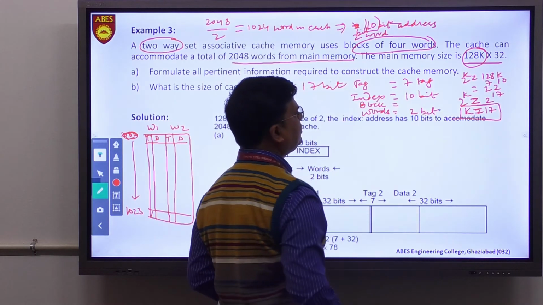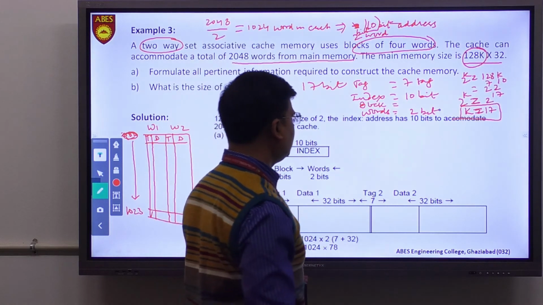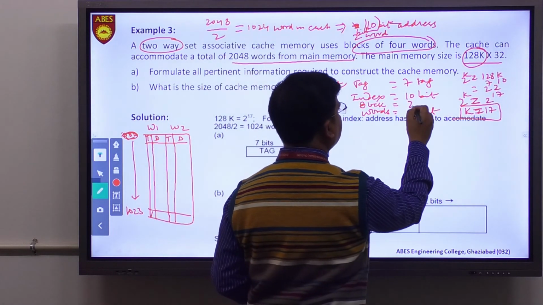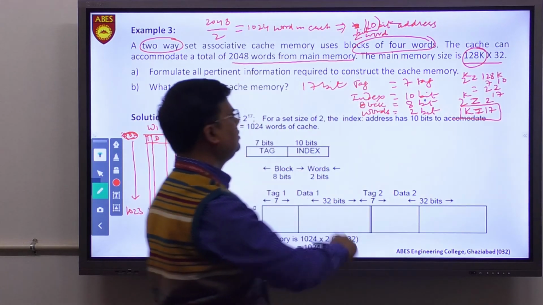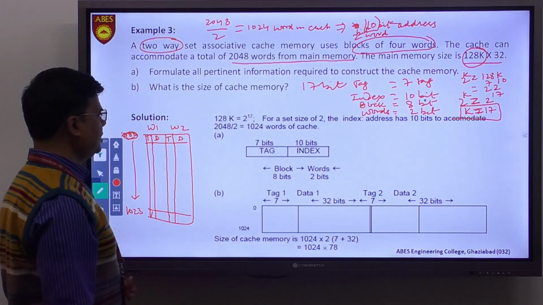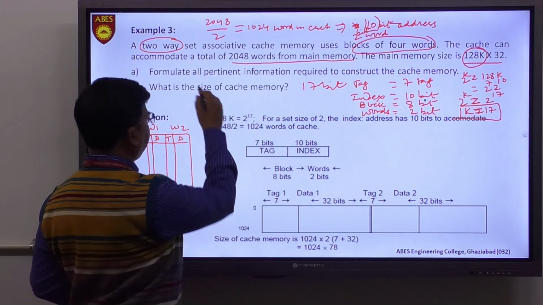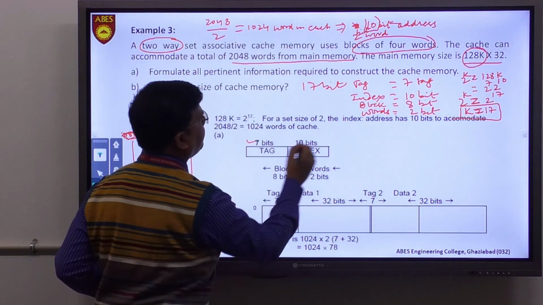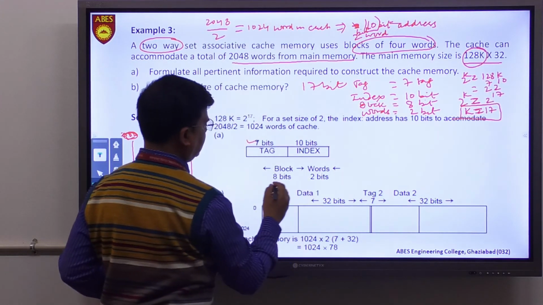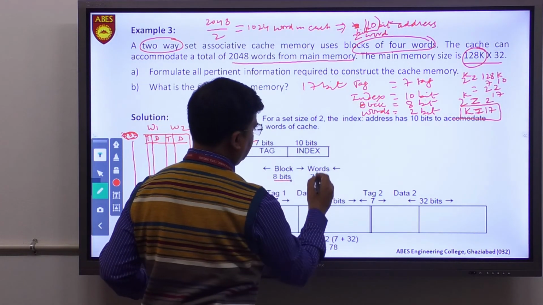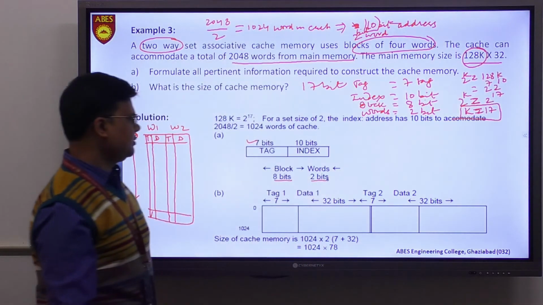Out of these 10, 2 bits will be used to address the word, and the remaining 8 bits, that is 10 minus 2, will be the size of block. So all these things are shown here: 7 bit tag, 10 bit index, and block 8 bits, and words 2 bits.